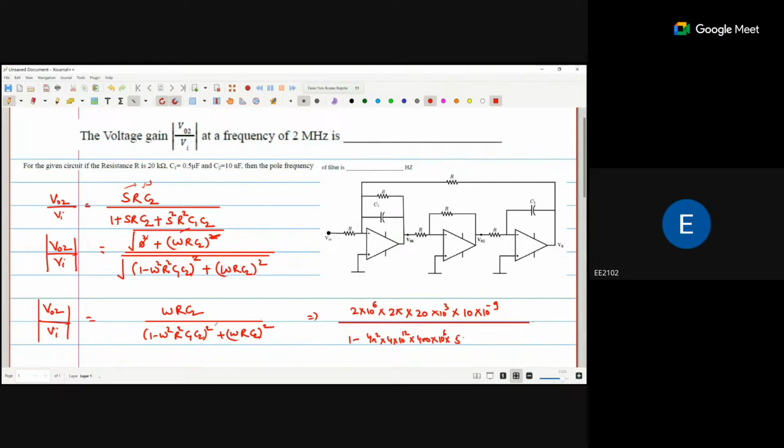If I multiply, it becomes 5 into 10 raised to the power minus 9 and minus 6, minus 15, the whole square, plus again the same value omega R C2. So I multiply: 6 and 3, 9 and 9 cancel out. So it is 4 pi into 20 into 10, so 200 into 4, 800 pi, the square of this one, and the root of this one.